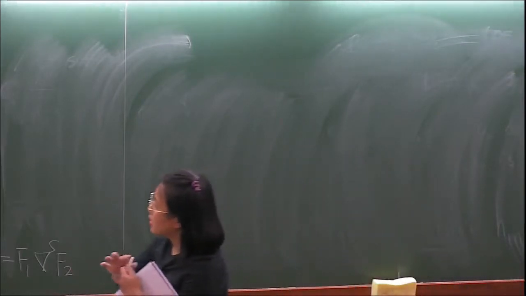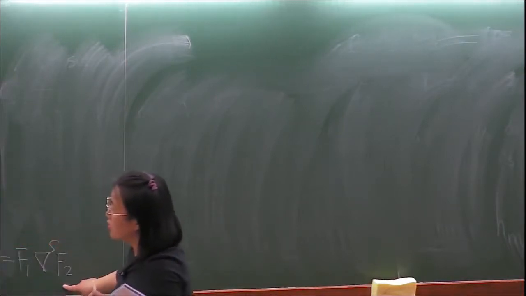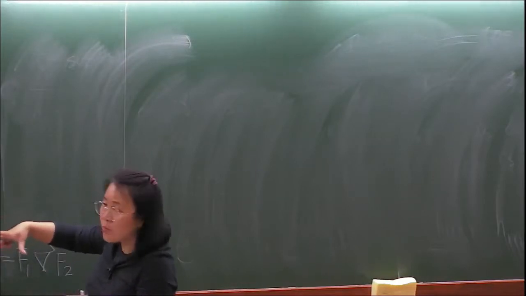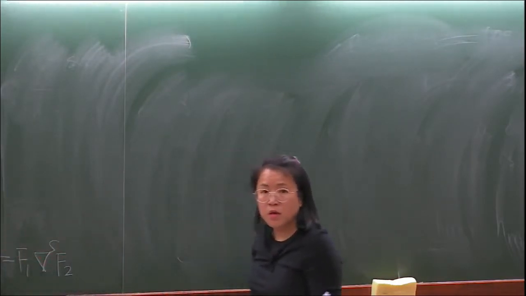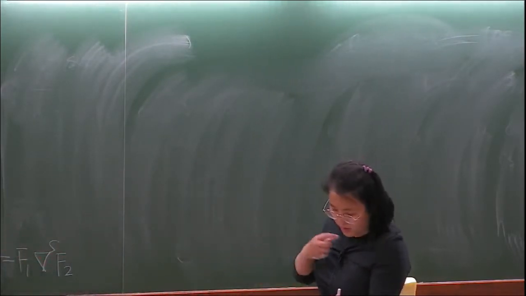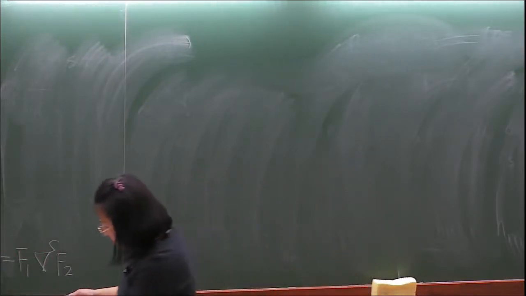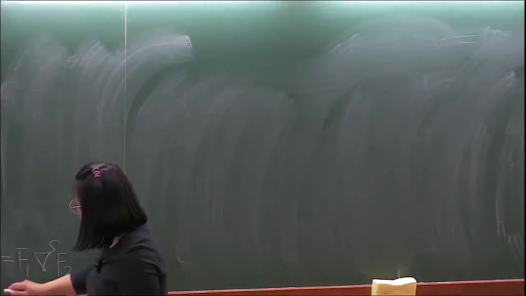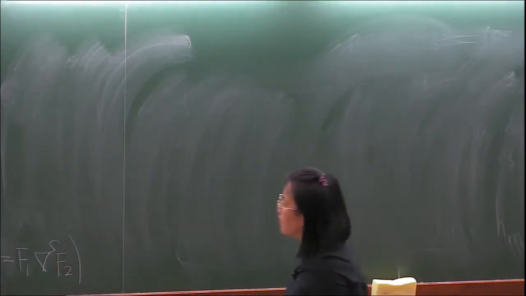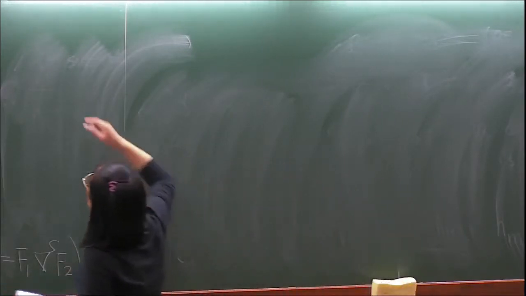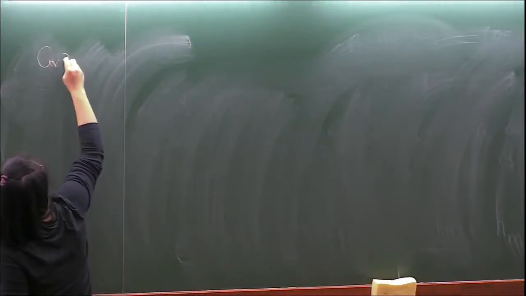So actually you see this, once you apply to this function, you will express this as the integral of the inner product of this gradient F1 and gradient F2. So give it as an exercise. Okay, so you can see this. So this is the second corollary, and how about the third one?